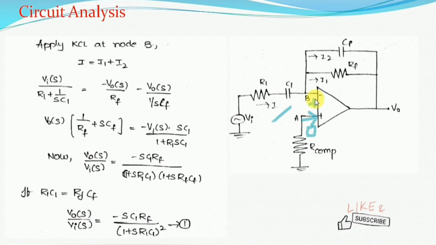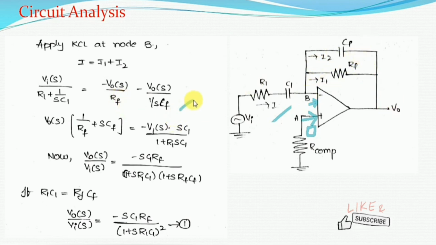Now simply apply the KCL rule, I is equal to I1 plus I2, and using Ohm's law we can write the current equation as I equals VI minus 0 divided by the total impedance, nothing but R1 plus 1 by S C1. The I1 expression is 0 minus V naught of S by RF, and the I2 expression is 0 minus V naught of S by 1 by S CF.